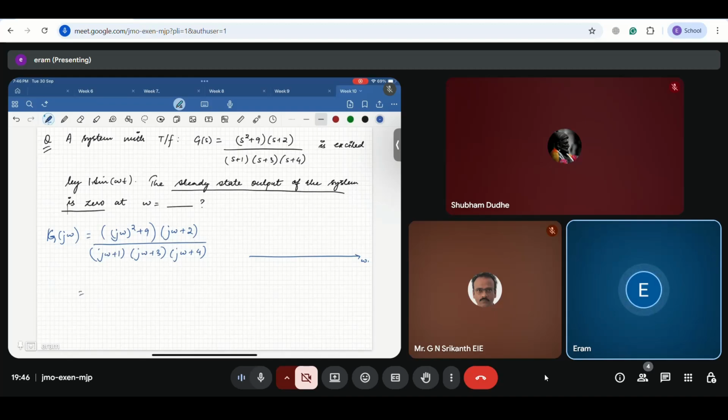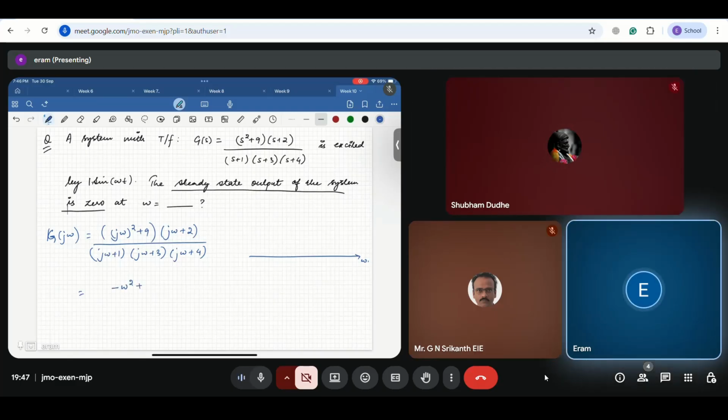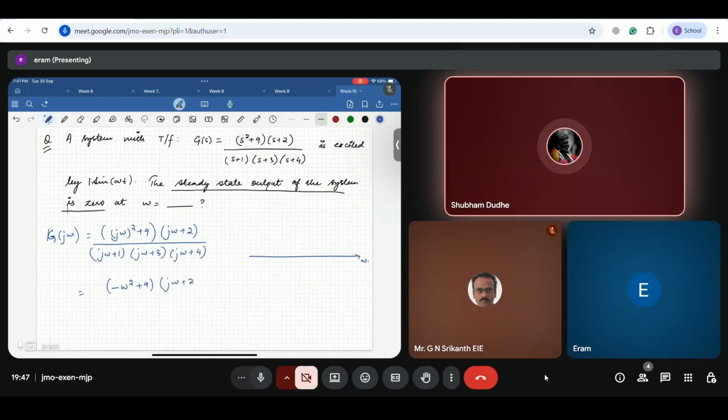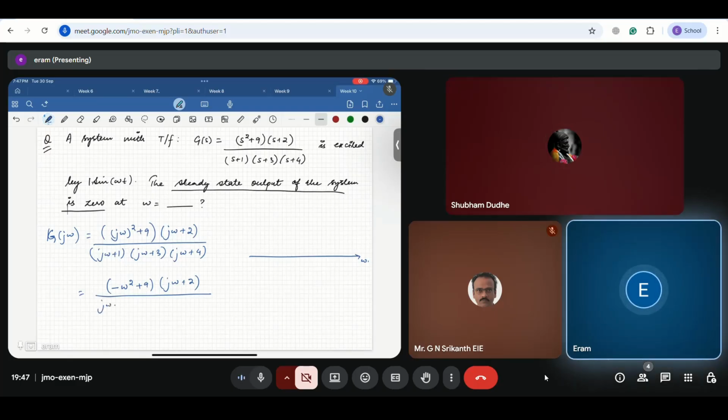So if you expand j omega square, what will it be? j omega into j omega, so that will be minus omega square. Yes, it will be minus omega square plus 9. And it will be in under root, ma'am. Yes, you are guessing it correctly, I think.